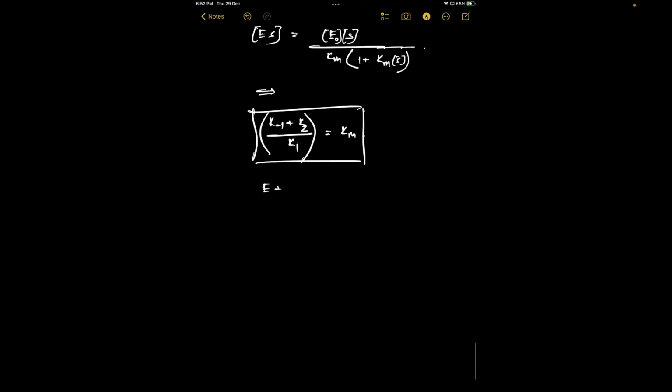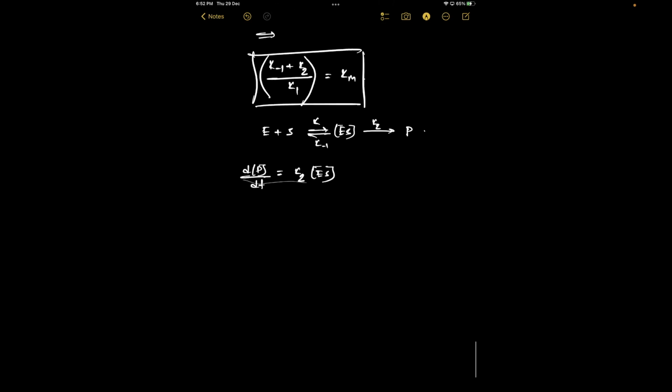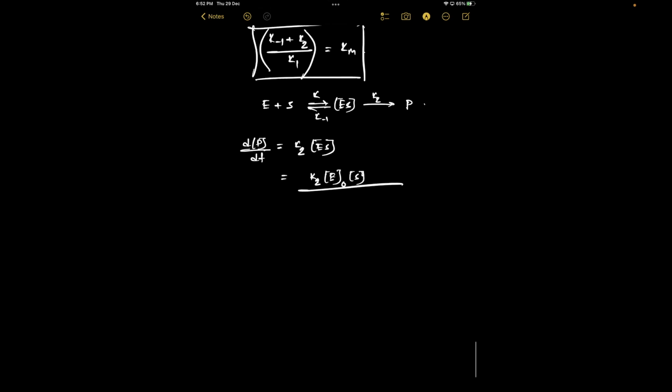Now E plus S goes to ES with k1 and k minus 1, then ES goes to P with k2. So we are trying to find dP/dt, which will be equal to k2 times ES. The final expression will be k2 times E0 times S divided by Km plus S.